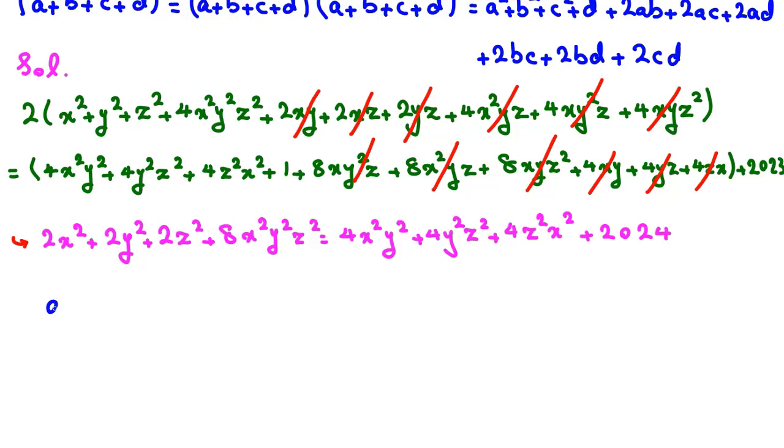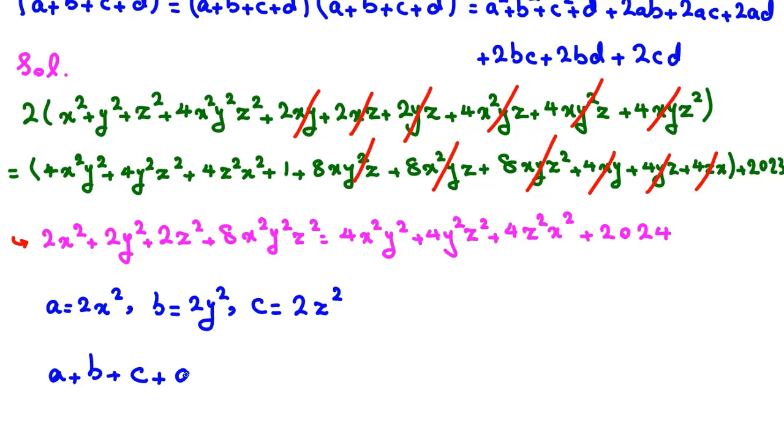So I consider A equal to 2x squared, B equal to 2y squared, C equal to 2z squared. So if I write this one, it will be A, the next one B, the next one C, this one ABC, this one AB, this one plus BC, this one plus AC, plus 2024. Okay.